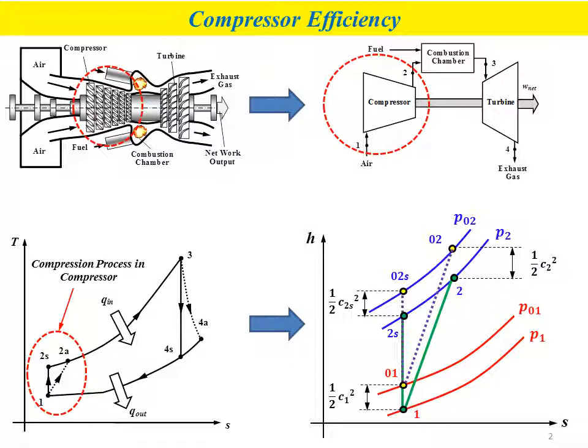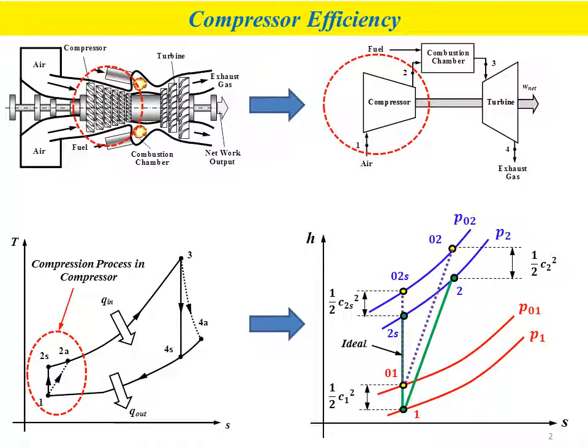In this figure we can also see the velocity parameters C1, C2 and C2s, which represent the velocity of fluid at the inlet and at the outlet respectively. This velocity of the fluid contributes to the kinetic energy of the fluid at the inlet and at the outlet of the compressor.